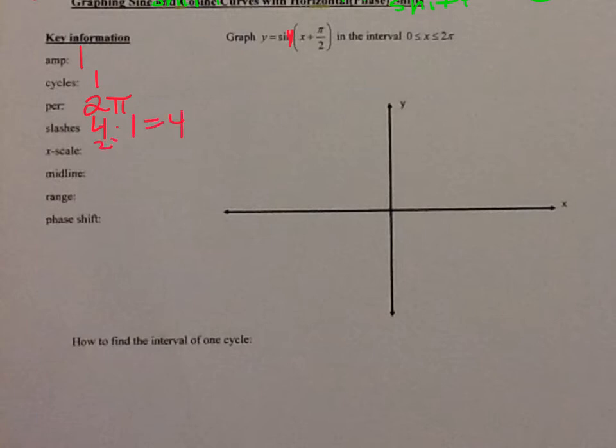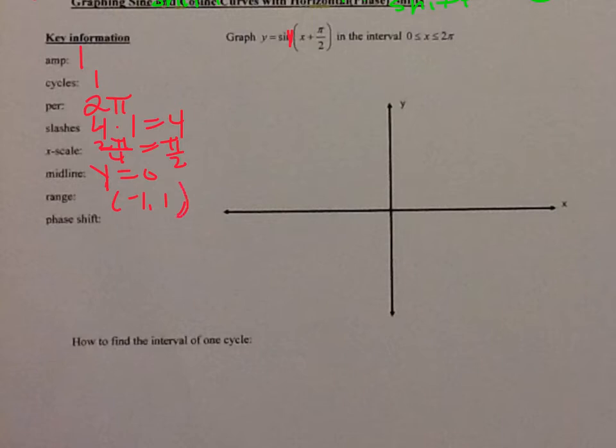My x scale would be 2 pi over 4, which would be pi over 2. My midline is what's being added or subtracted from my y value, which is nothing, so that's y equals 0, which means it's oscillating about the x-axis. My range, it's going up and down 1 from 0, so from -1 to 1.